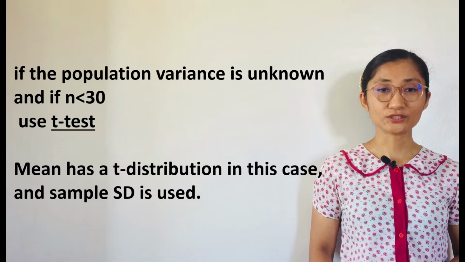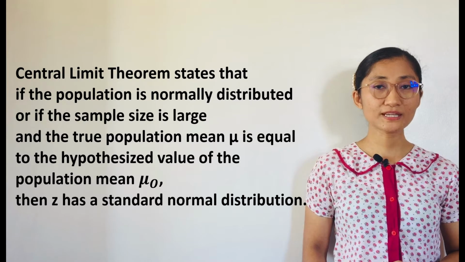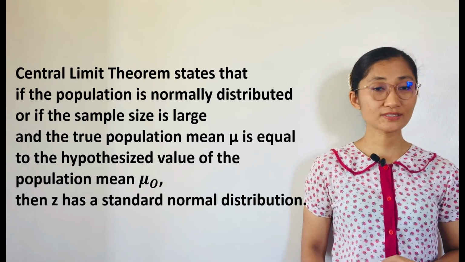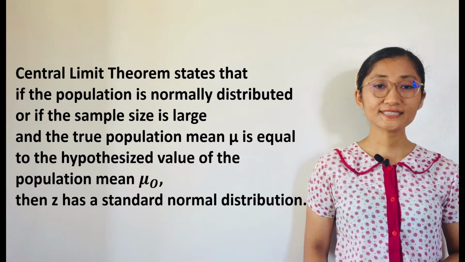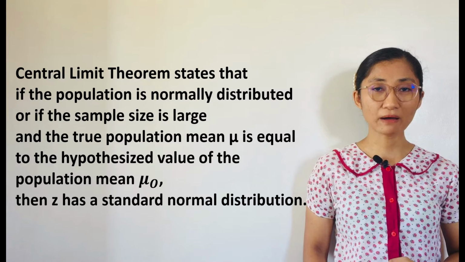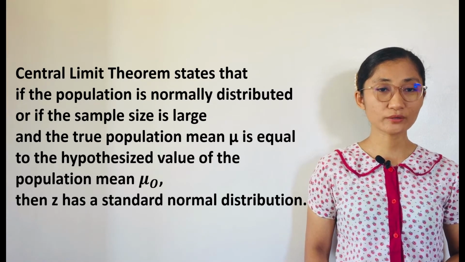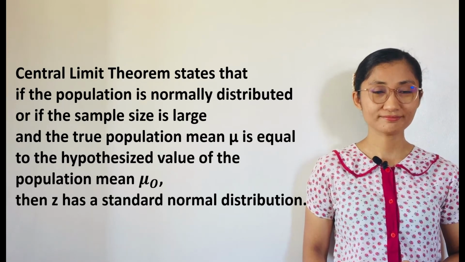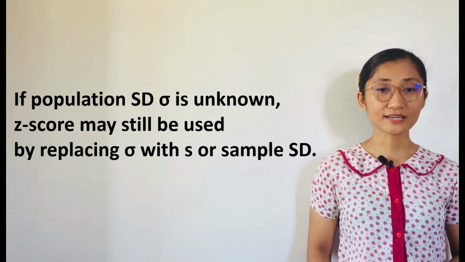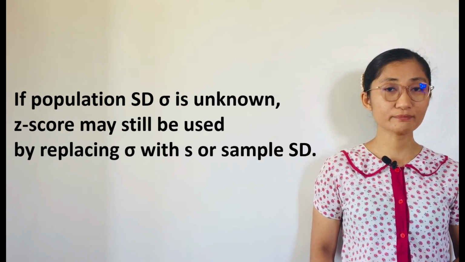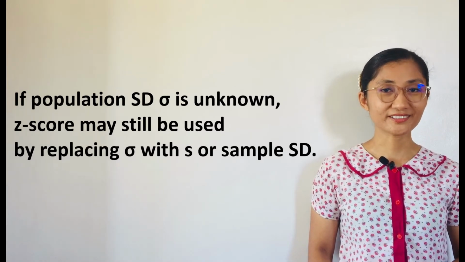In one of the previous lessons, we have learned that the Central Limit Theorem states that if the population is normally distributed, or if the sample size is large, and the true population mean, mu, is equal to the hypothesized value of the population mean, that is mu sub 0, then Z has a standard normal distribution. In this case, when the population standard deviation, sigma, is unknown, z-score may still be used by replacing sigma with small s or the sample standard deviation.